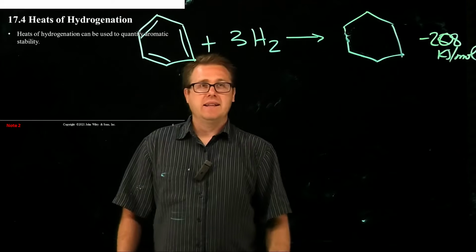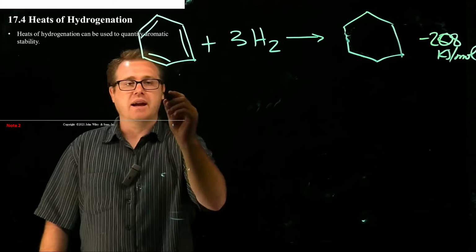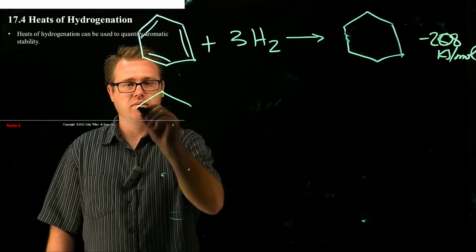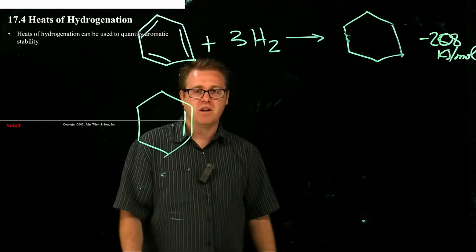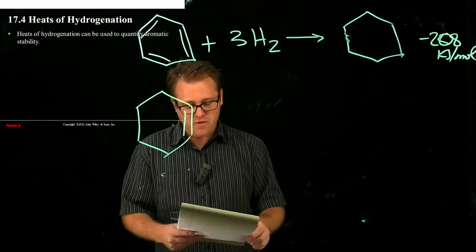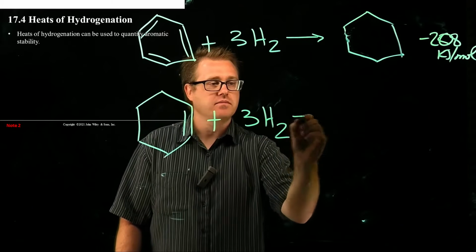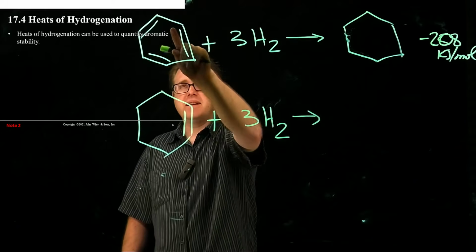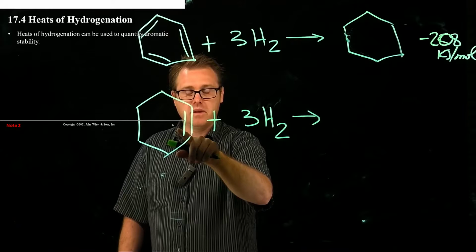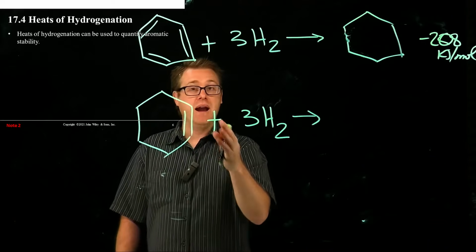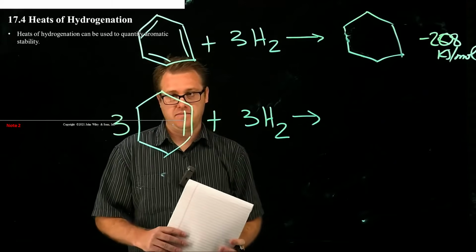Now, let's compare that to a non-aromatic compound, cyclohexene, and see how much heat is given off there. But in order for us to compare apples to apples, we see in benzene that there are 3 bonds, and here in cyclohexene there's only 1. So in order to make this comparable, we're going to have 3 cyclohexenes.